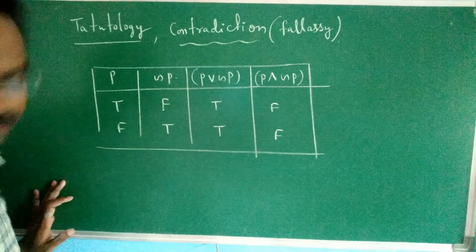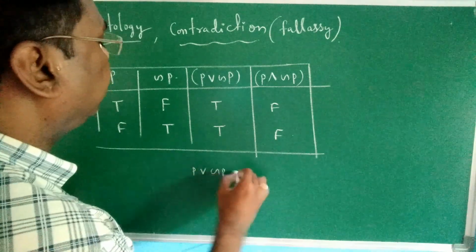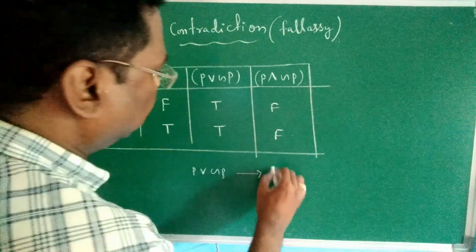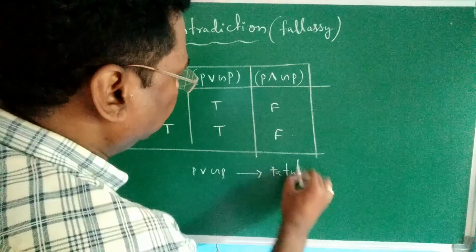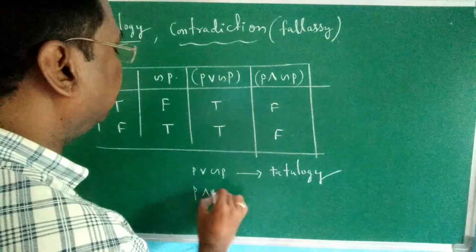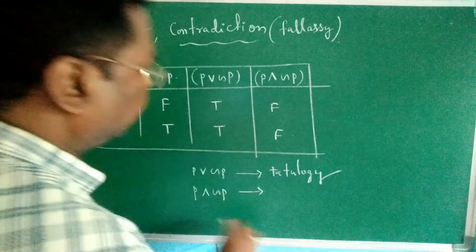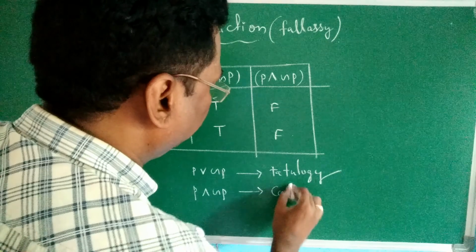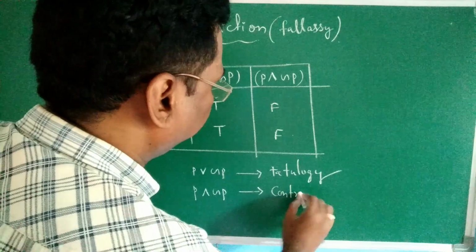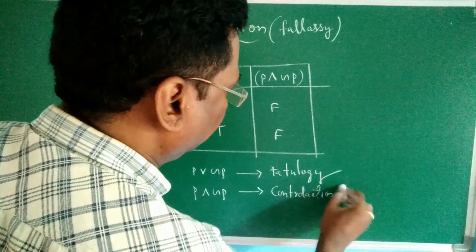P or negation P is a tautology. Now P and negation P is a falsity or contradiction. Contradiction or falsity.